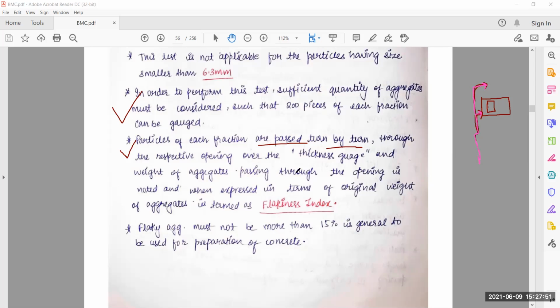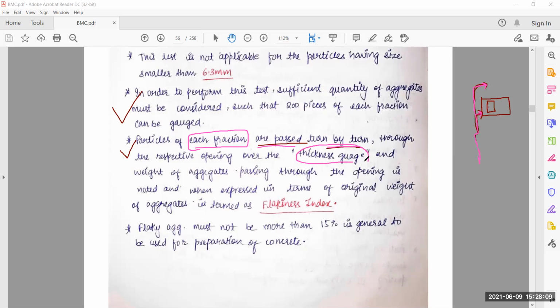So particles of each fraction, here also they say each fraction. I discussed what we mean by each fraction. Particles of each fraction are passed turn by turn, that means one by one, through the respective opening of the thickness gauge. Another term is thickness gauge.